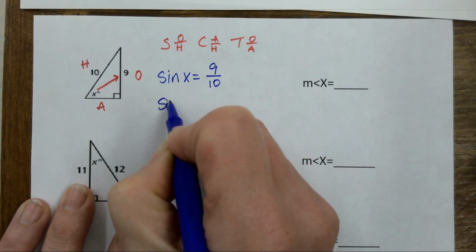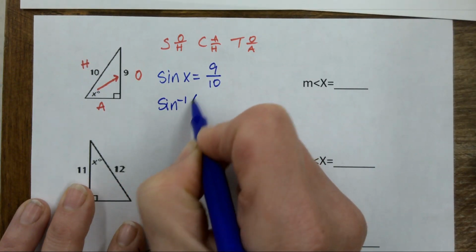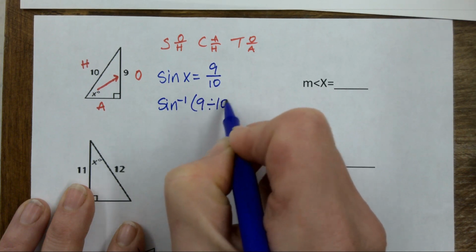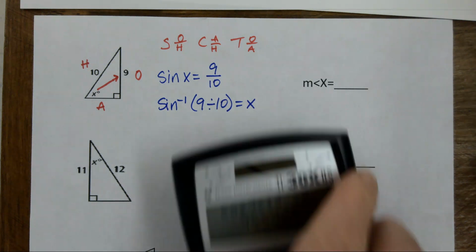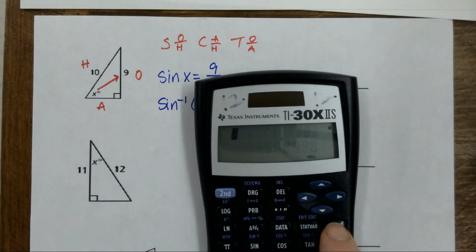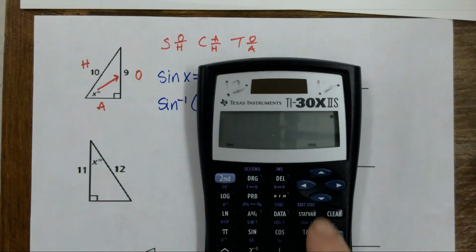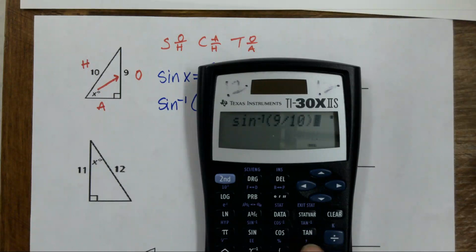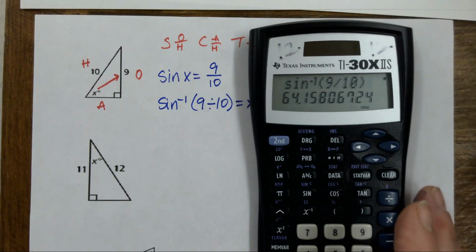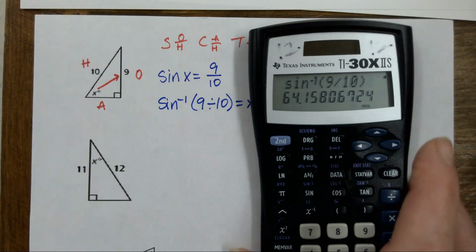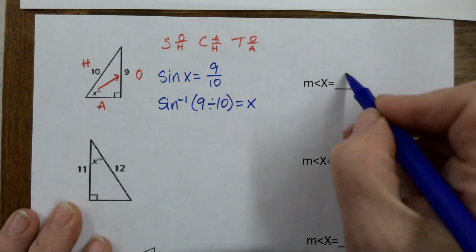So the sine inverse of 9 divided by 10 will give me my angle. I got 64 degrees, 64.2 degrees-ish.